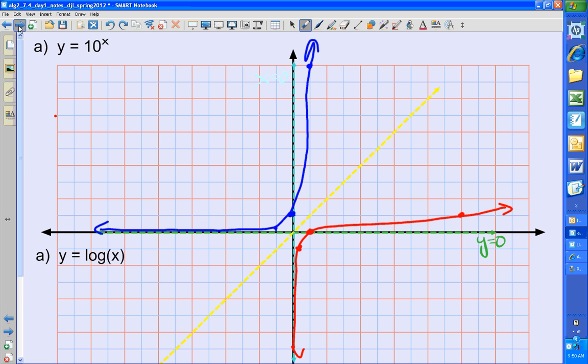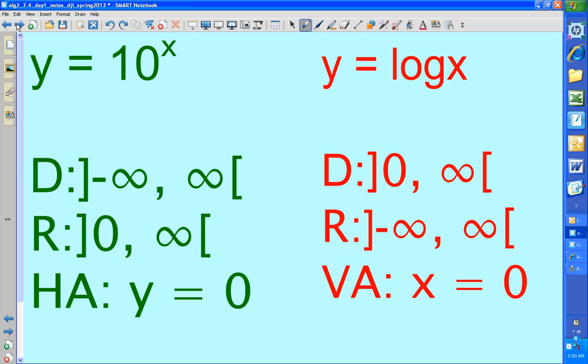The way I've put it on here, I used interval notation. You can use set notation. I don't care which one you use. For 10 to the x, the domain is all reals. That's interval notation. The range starts at 0 and goes up. The horizontal asymptote is y equals 0.